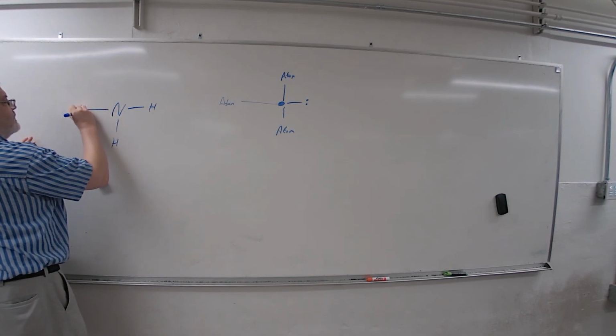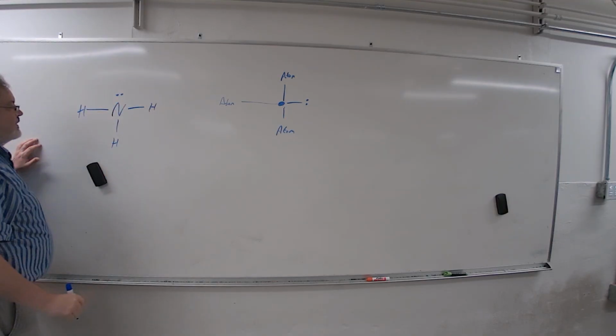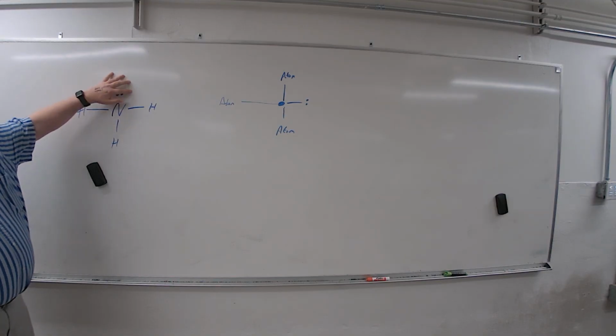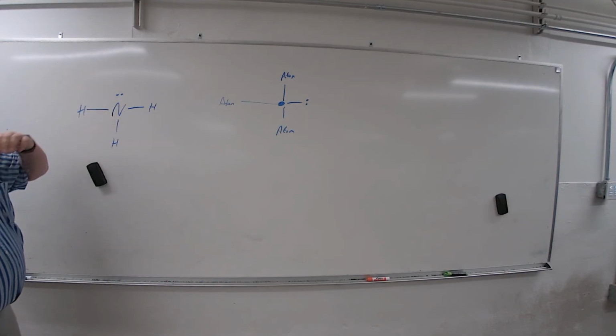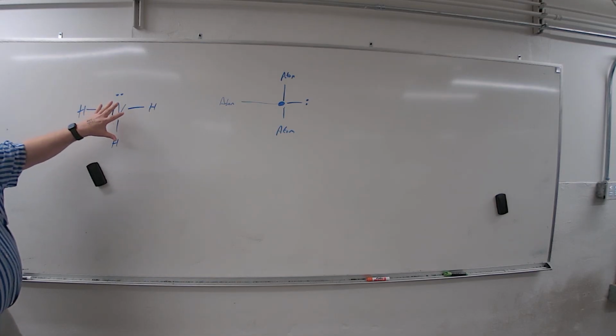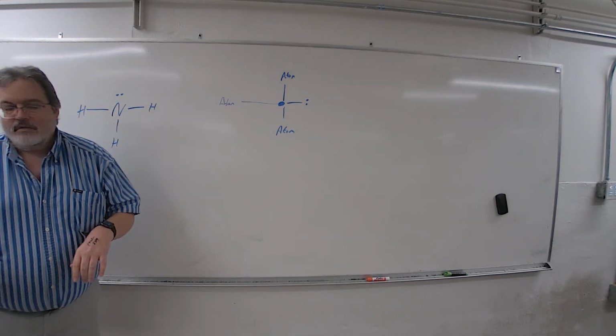Okay, so here's an example. Four things around it. 1, 2, 3, 4. One of them's a pair of electrons. This one's trigonal pyramidal. I can't draw it on the board because it's tetrahedral.